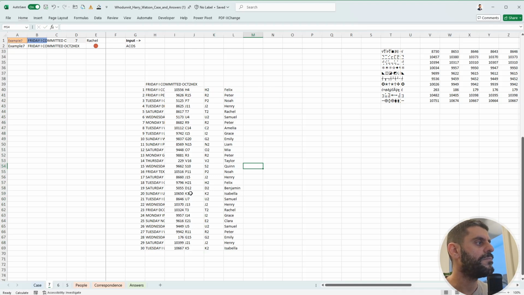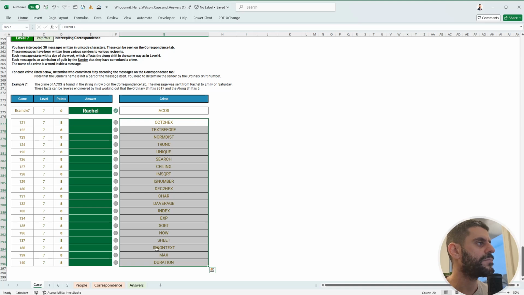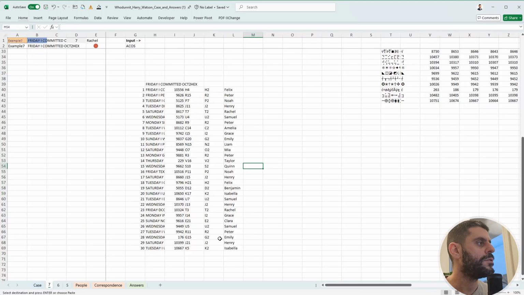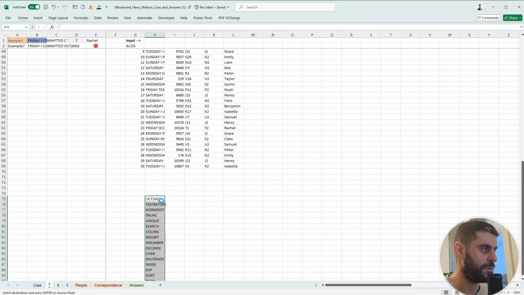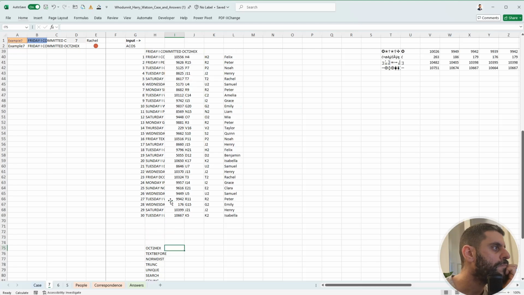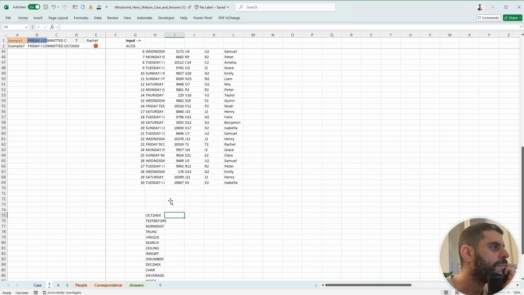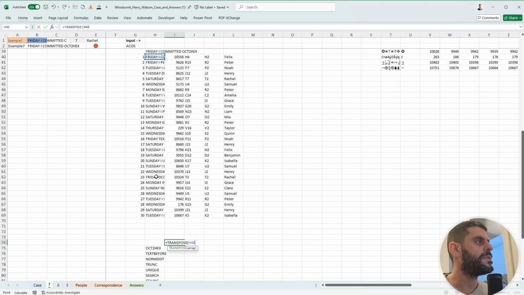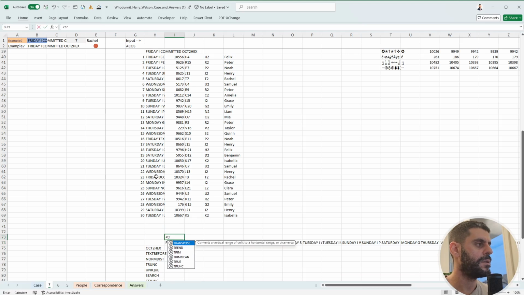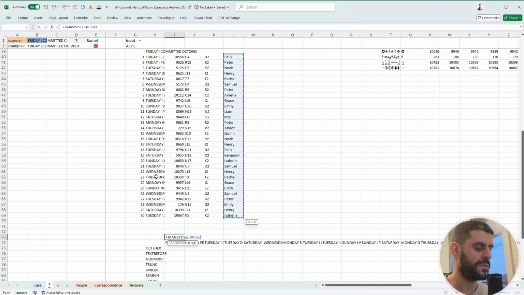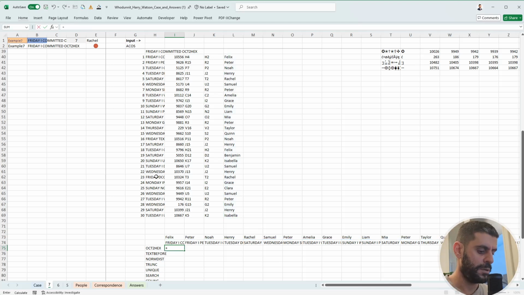Fantastic. Now I just need to associate those with the transpose of these sentences and the transpose of the sender. So is number, find this, lock into this, lock the row.